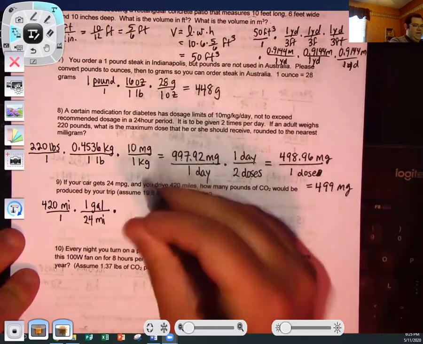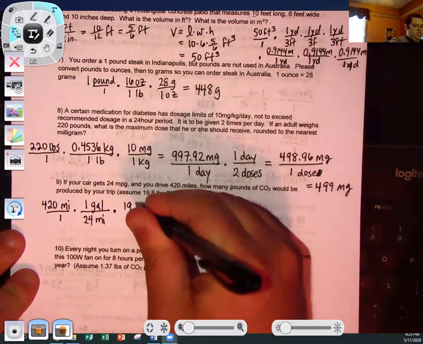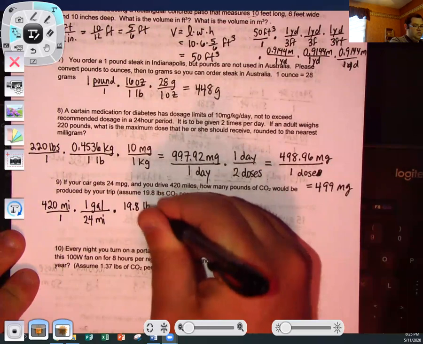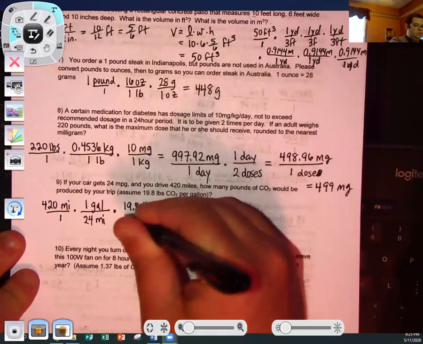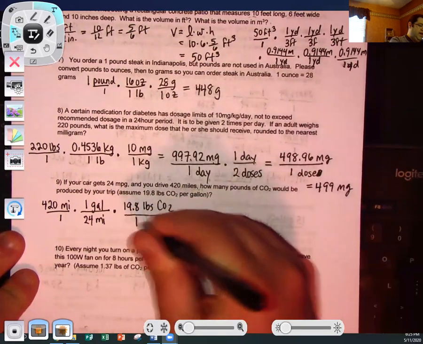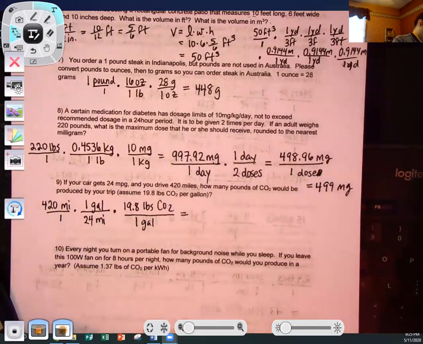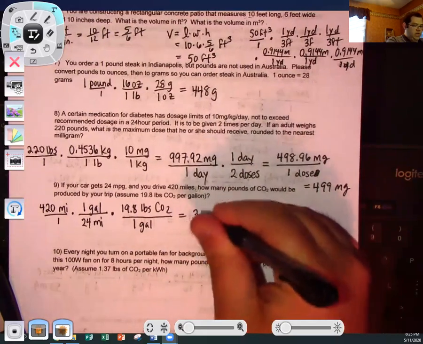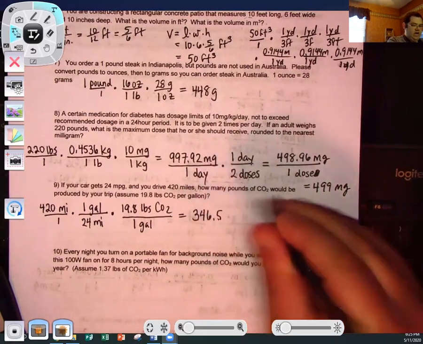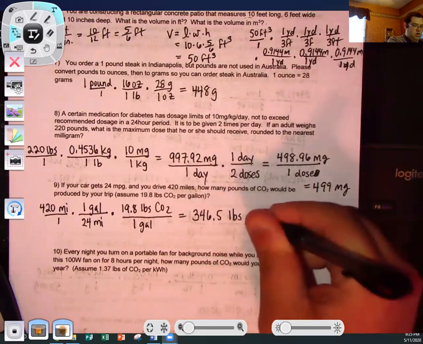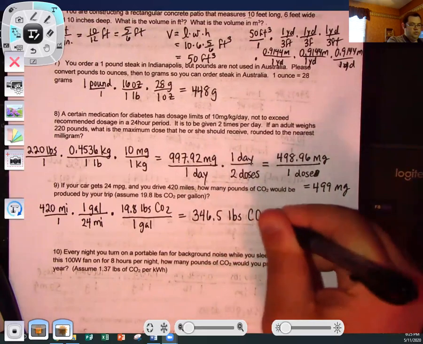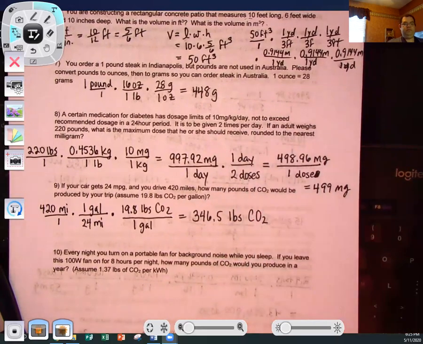Then you would take that and multiply it by the 19.8 pounds of CO2 per 1 gallon of gas burned. So if we do 420 divided by 24 times 19.8, we end up with 346.5 pounds of CO2 produced on that trip.